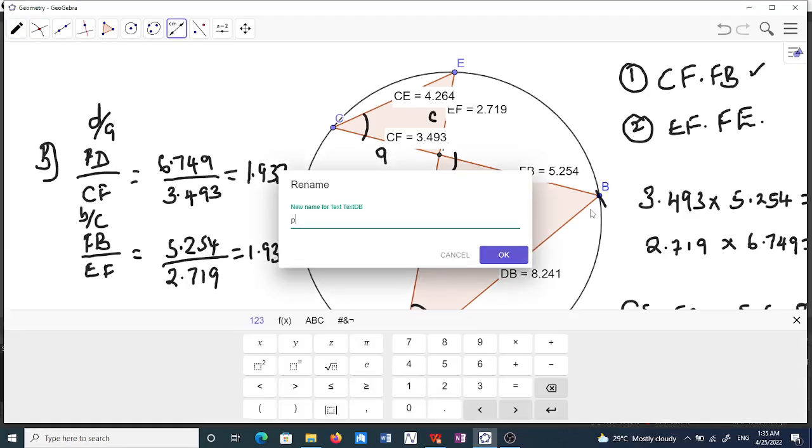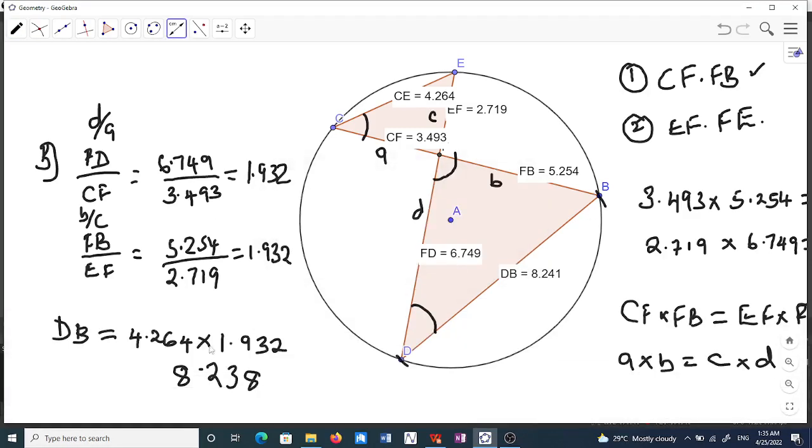So what I have obtained here, when I multiply this to 3 decimal places, is 8.238. But when I get it through the accuracy of the computer, which has many decimal places, then you get 8.241.